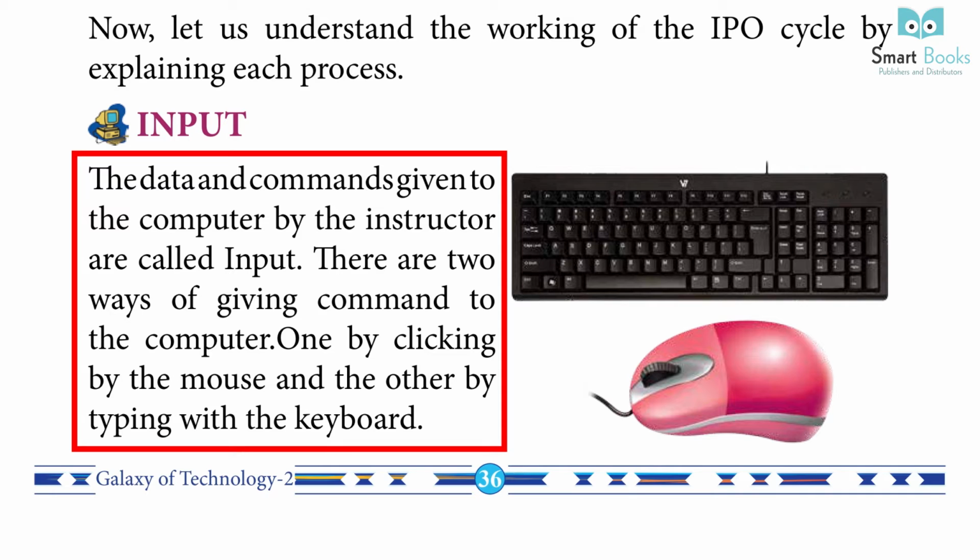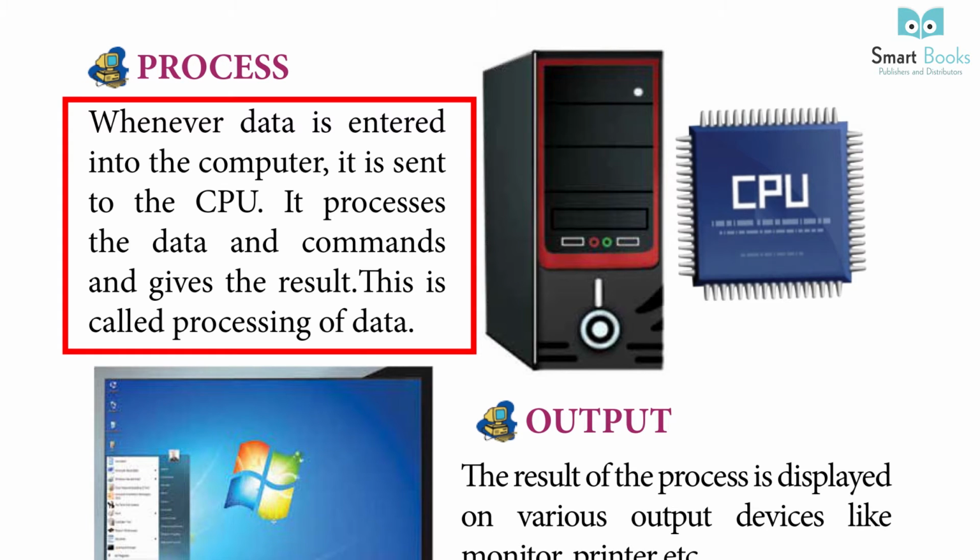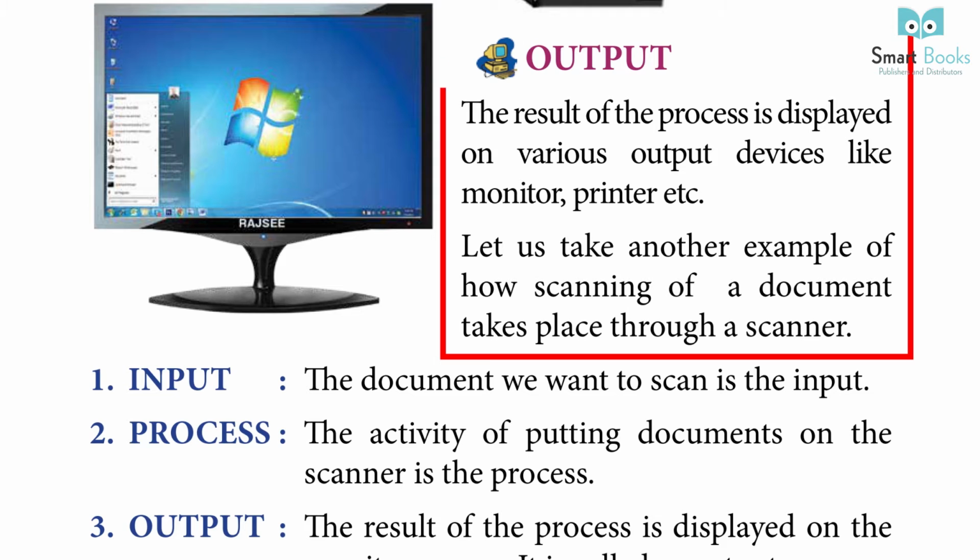There are two ways of giving command to the computer, one by clicking with the mouse and the other by typing with the keyboard. Process: whenever data is entered into the computer, it is sent to the CPU. It processes the data and commands and gives the result. This is called processing of data. Output: the result of the process is displayed on various output devices like monitor, printer, etc.